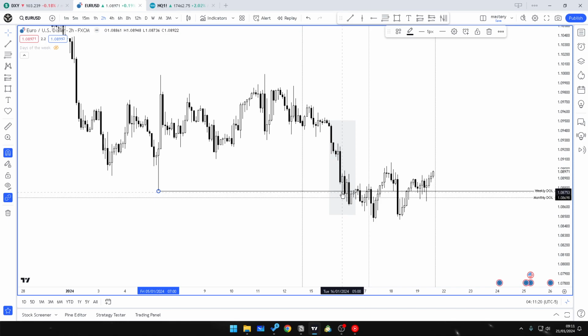Weekly draw on liquidity traded to, which originated this retracement on the upside into this fair value gap to then continue lower into the monthly draw on liquidity.